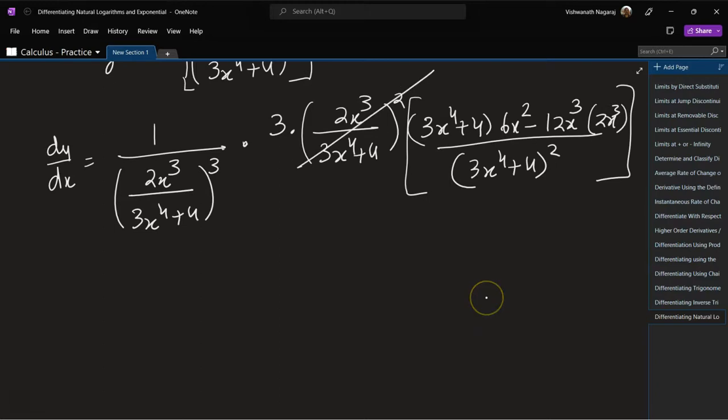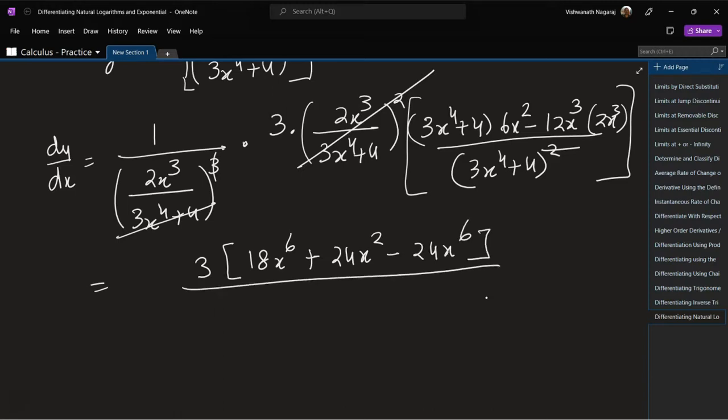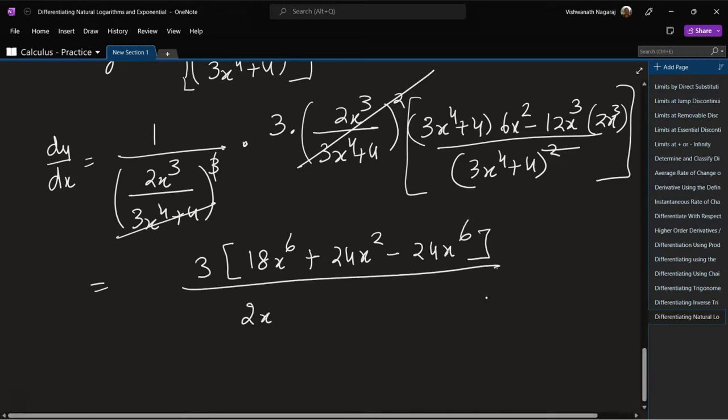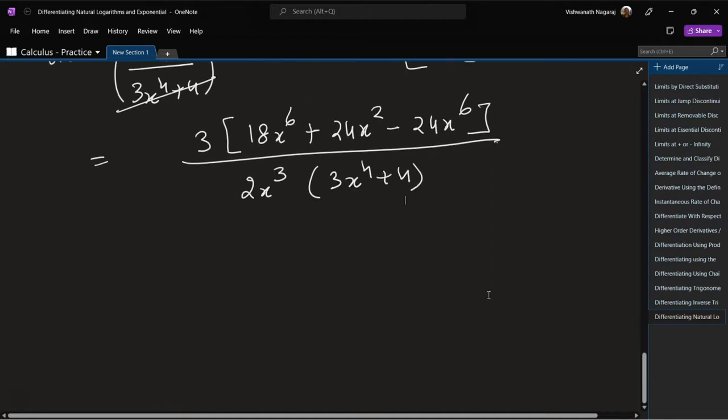Okay, so here this whole thing will cancel and 2 of this will cancel. There is only 1 left. So 1 of this and 1 of this will cancel. So what do we have? We have 3 times 6, 3 is 18x^6 plus 24x square minus 24x^6 divided by 2x cube times 3x^4 plus 4 is left.